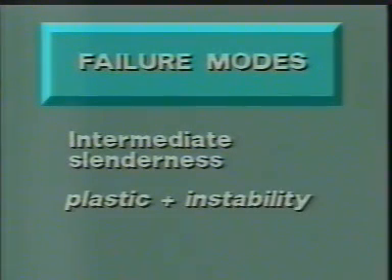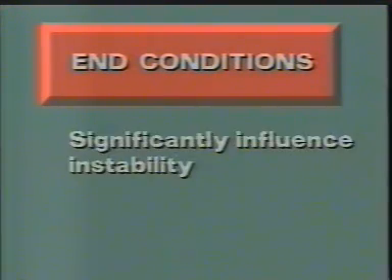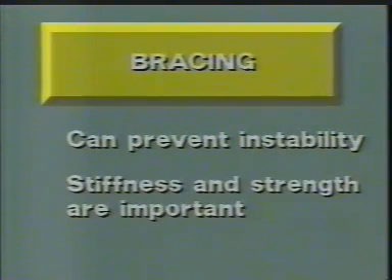Very slender unrestrained beams will fail by pure elastic instability. For beams of intermediate slenderness, plasticity and instability will interact. Beam end conditions can significantly influence instability. Bracing can be used to prevent instability, but remember that bracing stiffness, as well as bracing strength, is important.